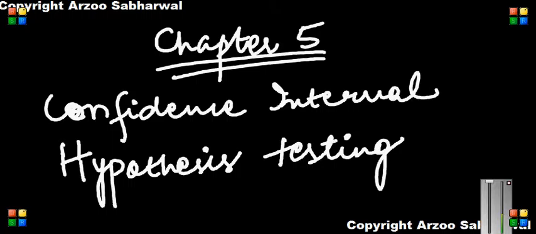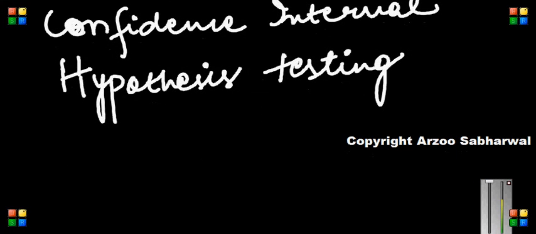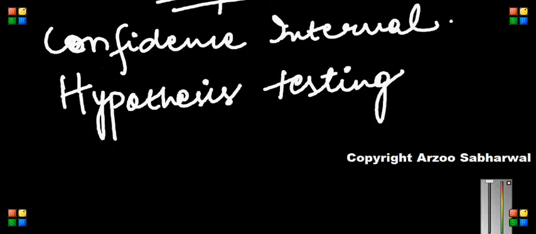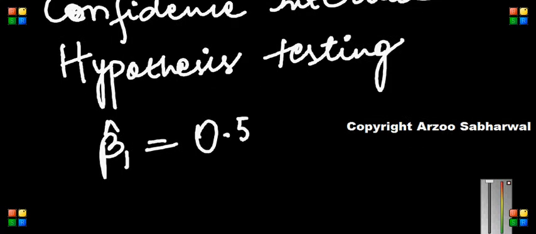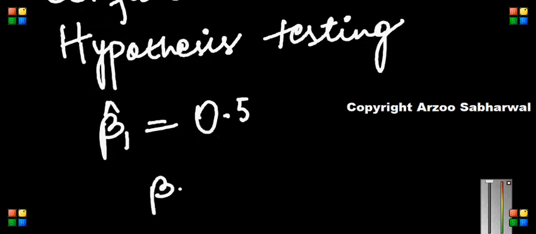So basically, supposedly I know that my beta 1 hat takes a particular value 0.5, and I know that my beta 1 actually in the population was 0.6.